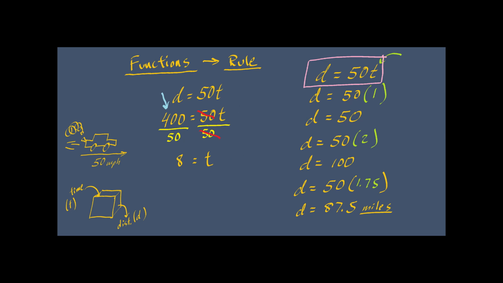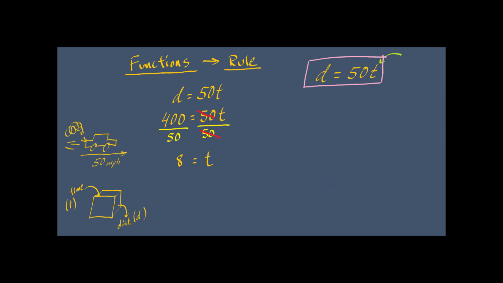You can also rearrange this formula so that t is the output and d is the input, or it's more convenient, right? So what would that look like? How we would do that is we would take the original equation, and we would basically do what we did over here, except we wouldn't have a number for d.